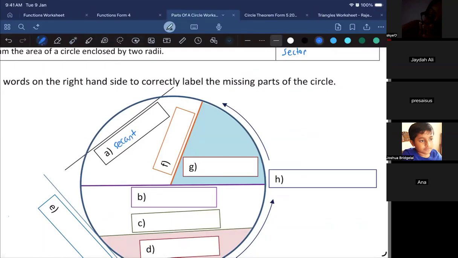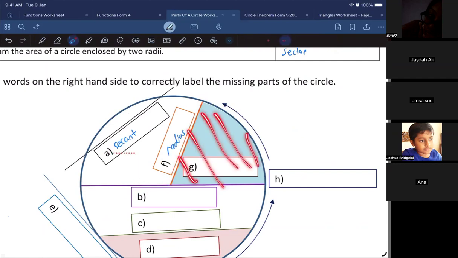A radius. That's a radius. And what would I call G? Notice G is the area between two radii. What do I call that? A sector. Right, that's a sector.